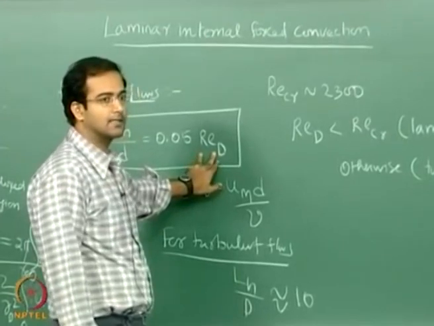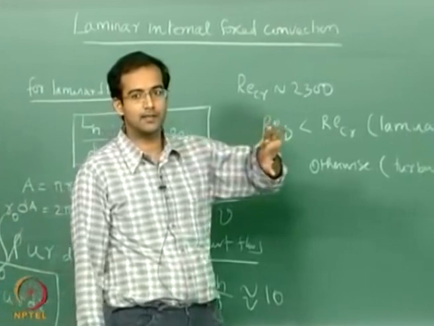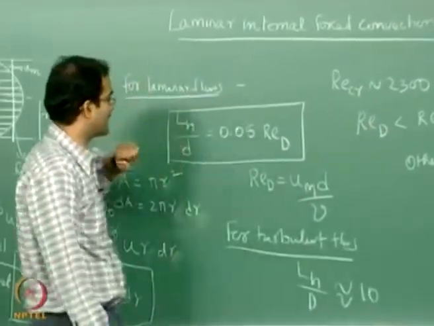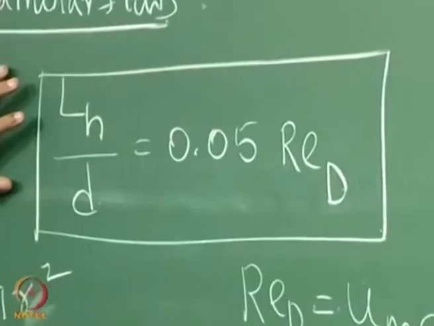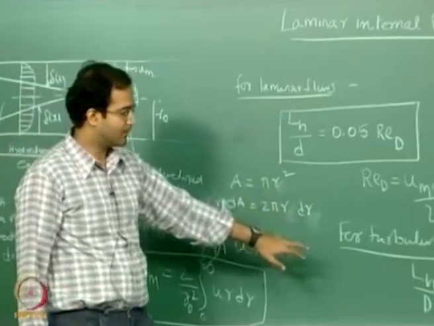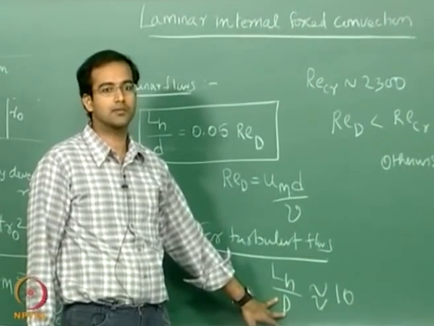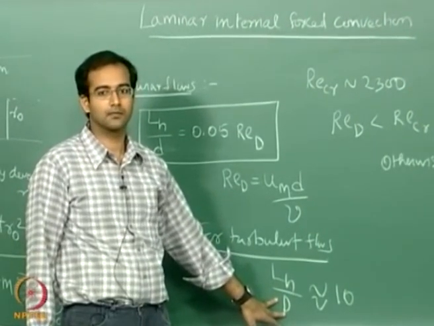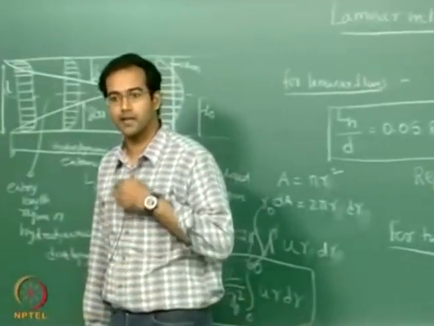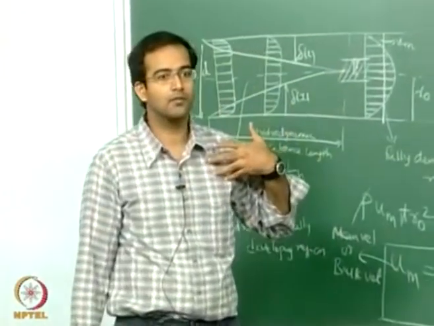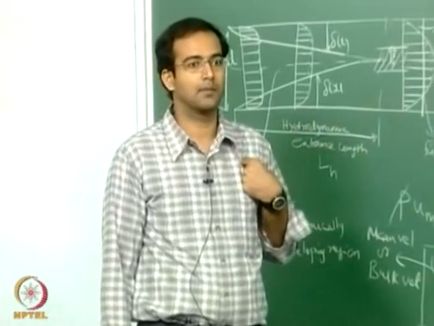If you classify that as laminar flow, what should be the value of L_h by D? 15. In the case of turbulent flow, if the 3000 was turbulent, L_h by D would be 10. So you can infer that the entrance length for turbulent flows is smaller than that of laminar flows.